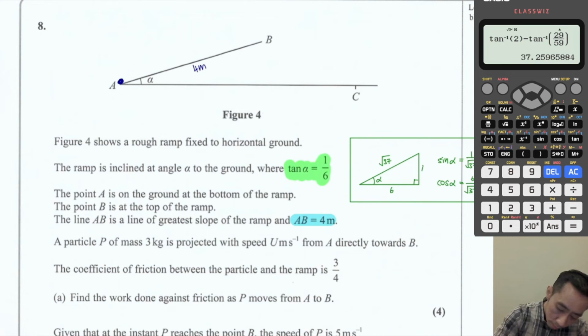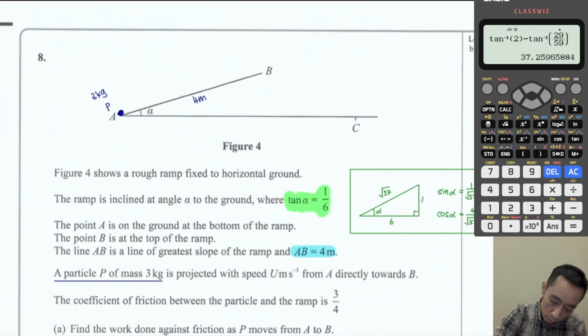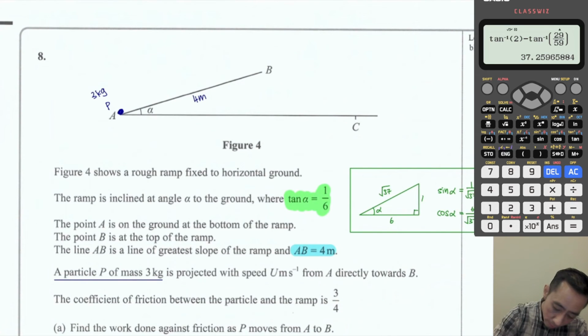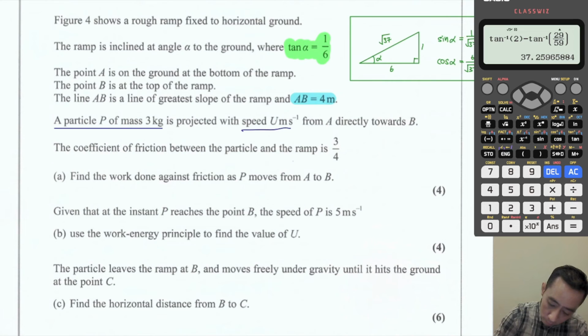So P, 3 kilogram, is projected with the speed u. So projected at the speed u ms^-1 from A directly towards B.